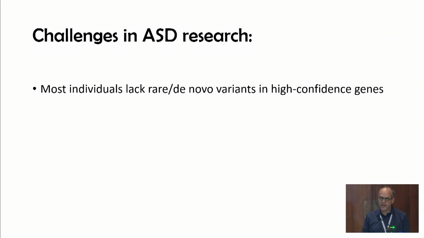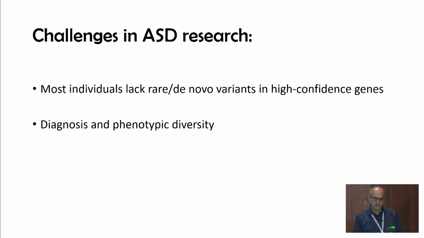So we have big challenges in autism research. Most individuals with an ASD diagnosis lack those rare de novo variants in high-confidence genes, so we need to develop new methods to identify the genes that are involved in the more complex inheritance. Another challenge I've just shown you is the diagnostic and phenotypic diversity that we see even for individuals with very similar types of mutations in the same gene.